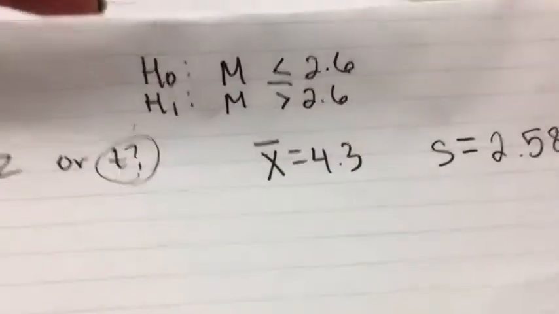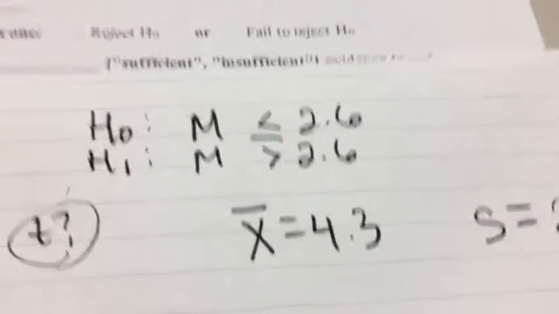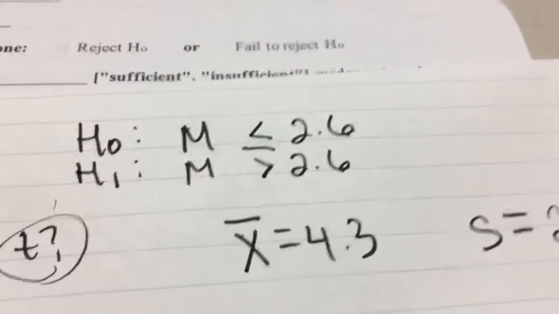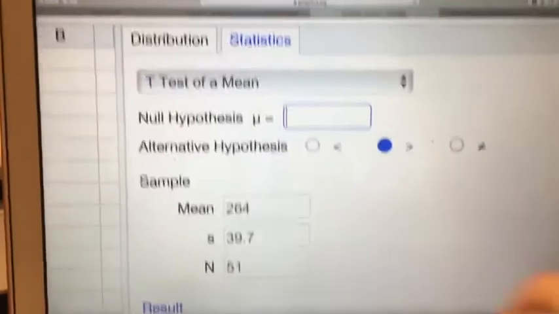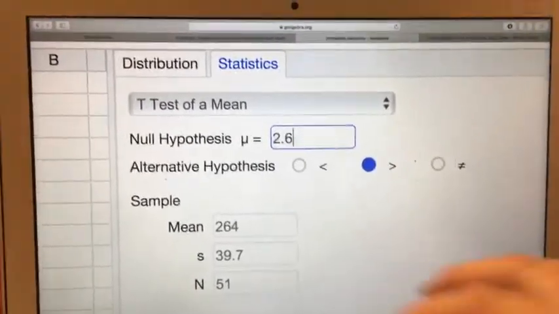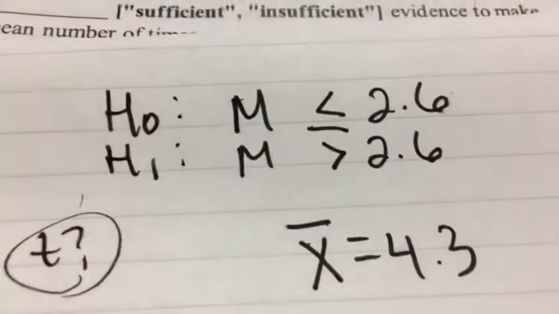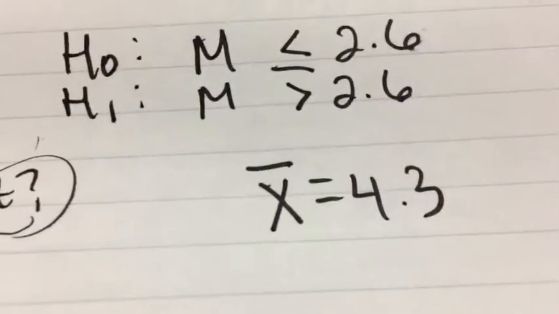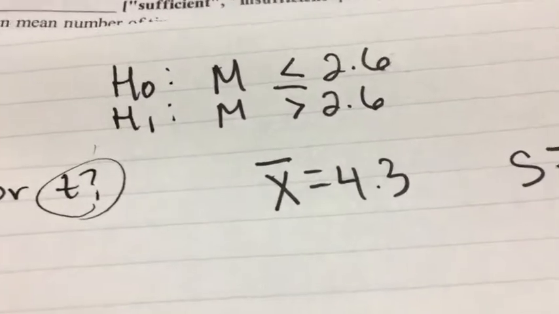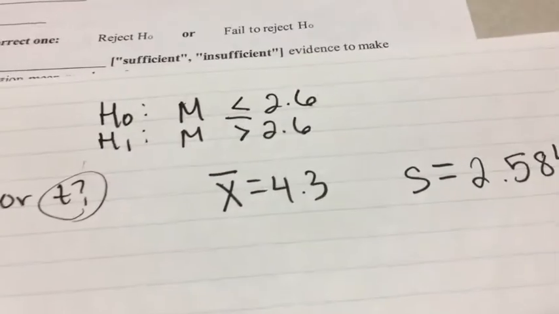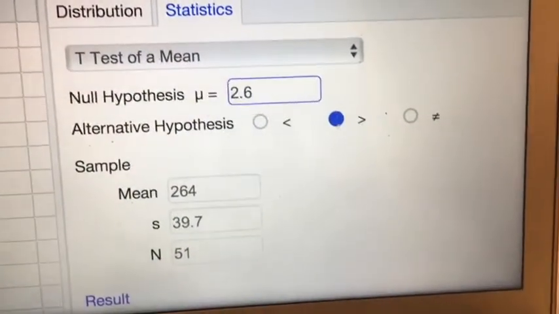So they stated that it was at most 2.6, so the 2.6 is going to go right here. And your alternative hypothesis always contradicts the null, so your H1 is going to say that your average is more than 2.6, and that is this tail right here.